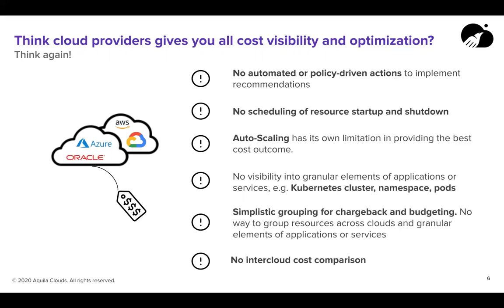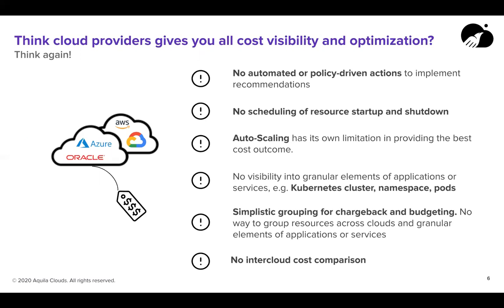And the cloud providers also give you the capability to auto scale your clusters of workloads. You would think that this would suffice, but there are other things that you can do because there are still limitations. We'll talk about this topic later in the session. And then cloud providers do not help you manage your applications and services such as Kubernetes.